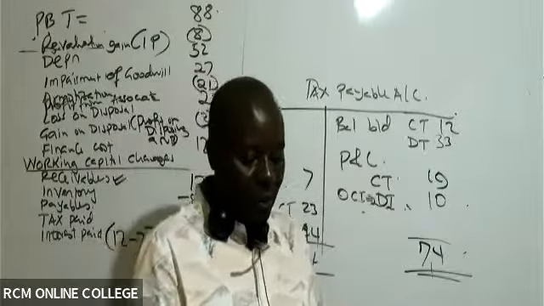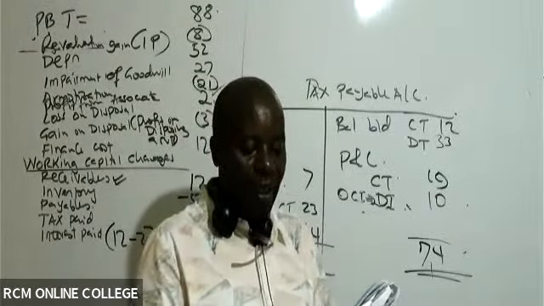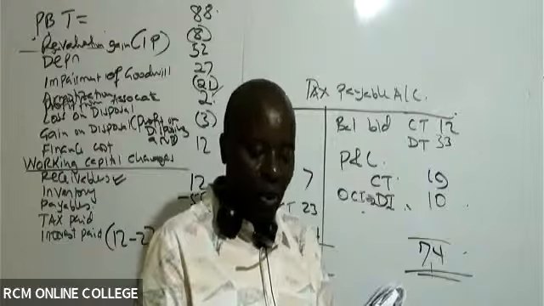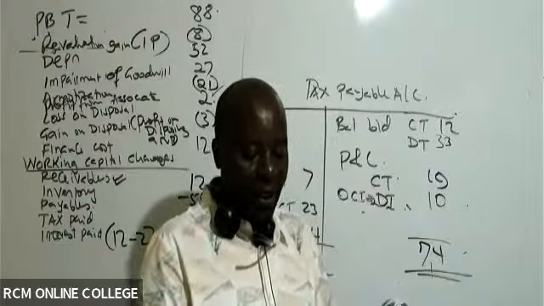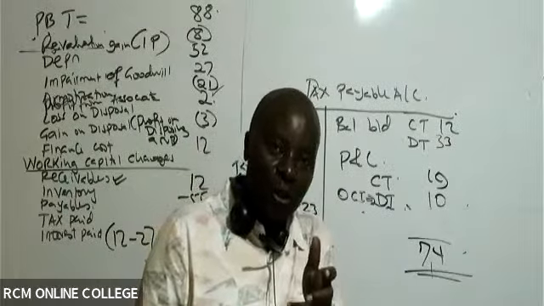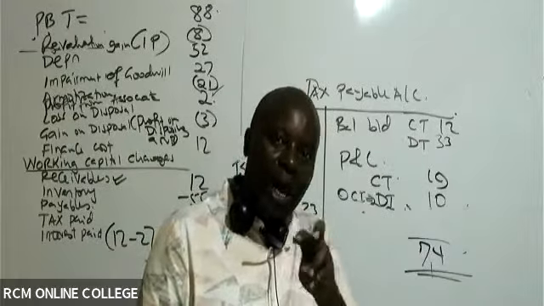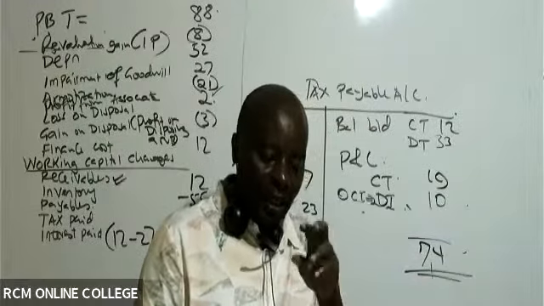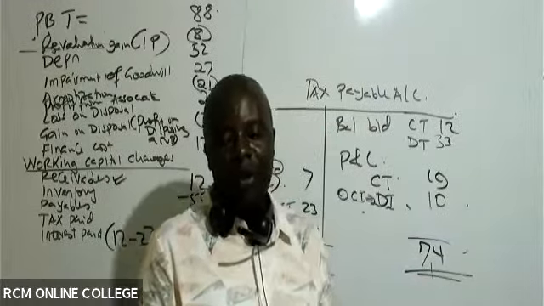If you look at note number 6, finance cost included a 2 million loss on the retranslation of a loan that was denominated in foreign currency. So that is a loss on retranslation, the 2. The actual interest that was paid is supposed to be 12 minus that 2, which gives me 10.